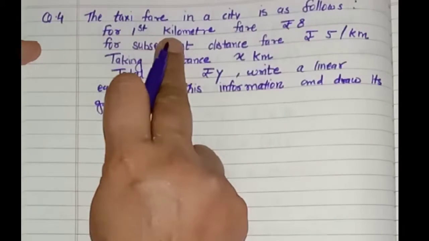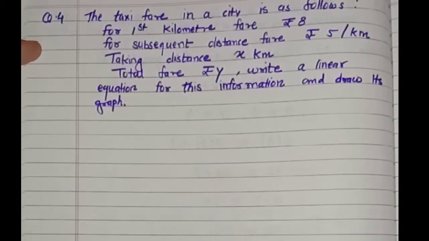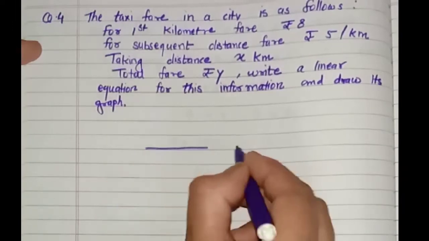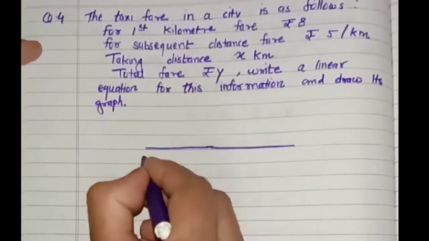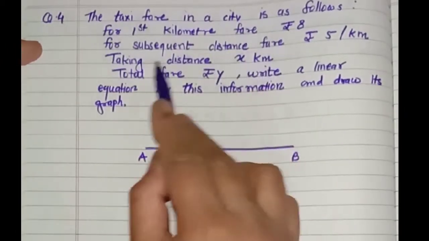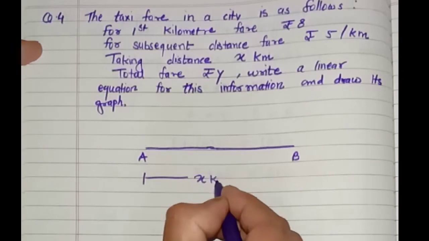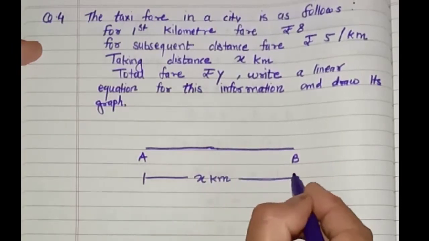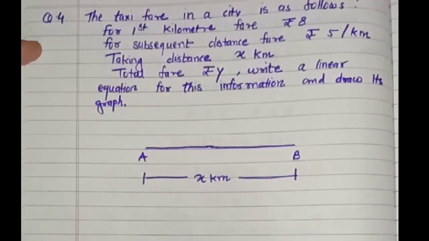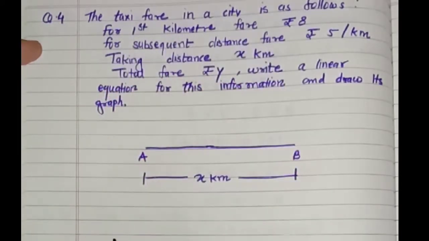It is given that for the first kilometer, the fare is rupees 8. Suppose the distance is AB, and it is given that the total distance is x kilometer. It means this distance will be x kilometer, and for the first kilometer, the fare is rupees 8.